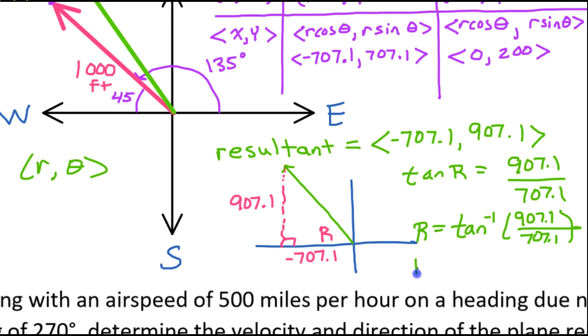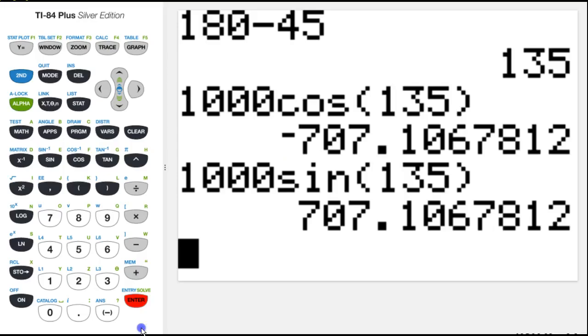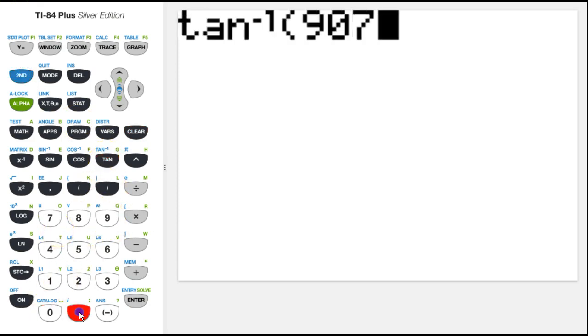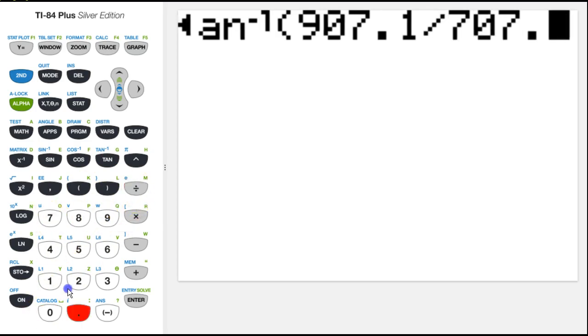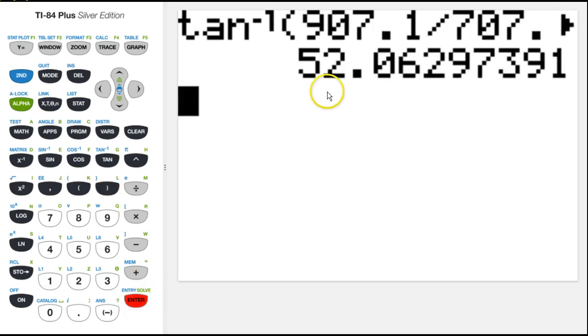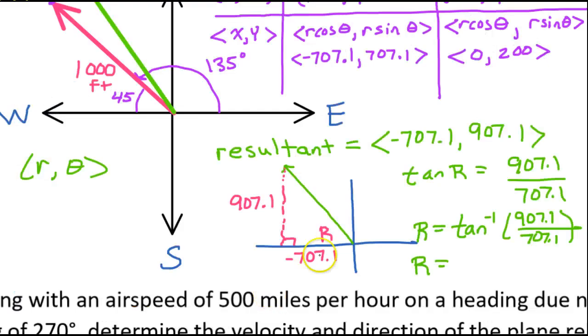Okay, and I'm just going to put that in my calculator and see what that is. Okay, so I'm doing the inverse tangent of 907.1 over 707.1. So my angle is 52.1 degrees. Got to round up a little there.